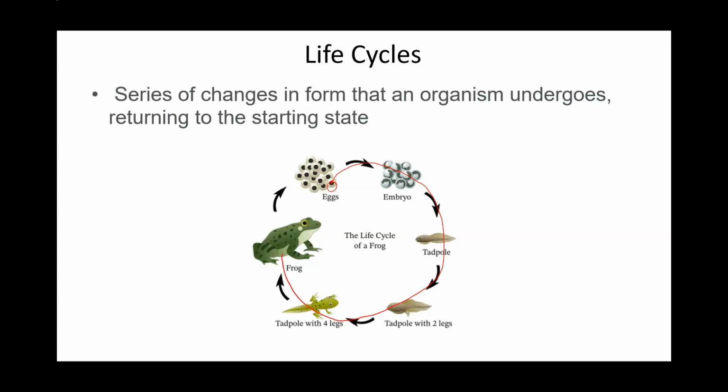And then that frog itself, if it is so lucky as to survive and reproduce, will create eggs, and the whole process will start over again with the next generation. So that cycle, or that series of events, is referred to as a life cycle.